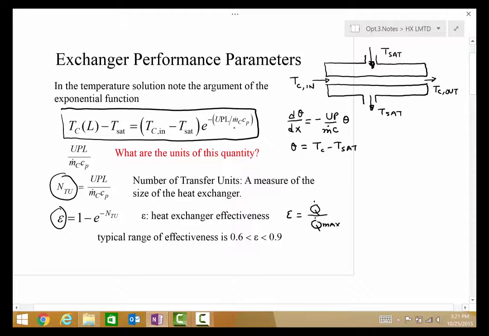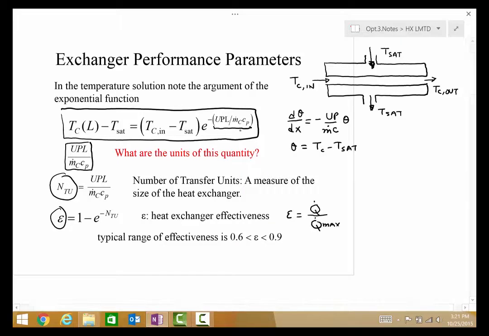So using that, we came up with this. I hope you recognize that UPL over m dot times the specific heat is dimensionless, so all the arguments of this exponential have to be dimensionless.